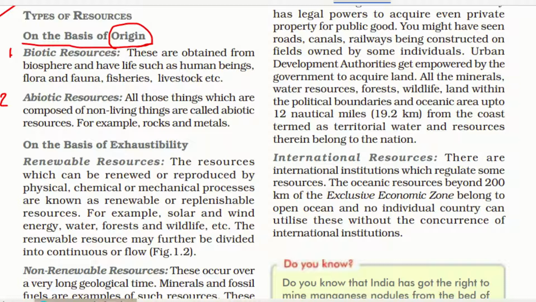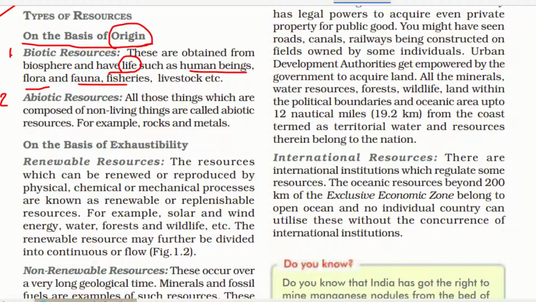So these are obtained from the biosphere and they have life. Examples: human beings, then flora, fauna. Flora means plants, fauna means animals. Then fisheries, livestock, etc. All these come under the category of biotic resources on the basis of origin.